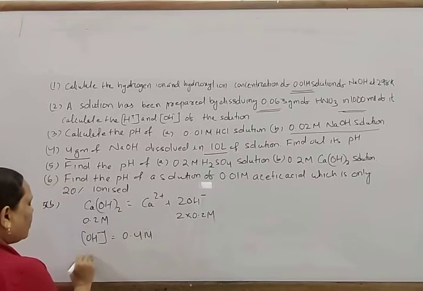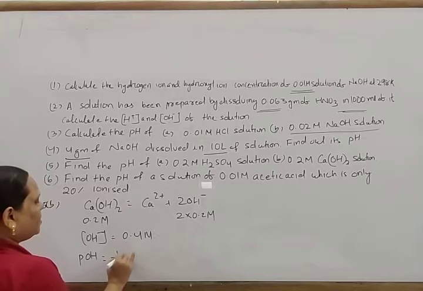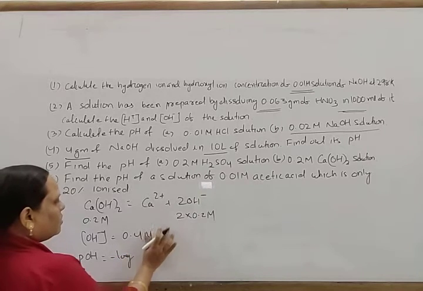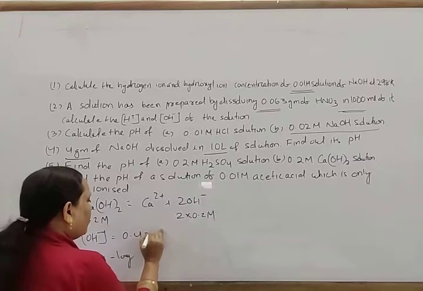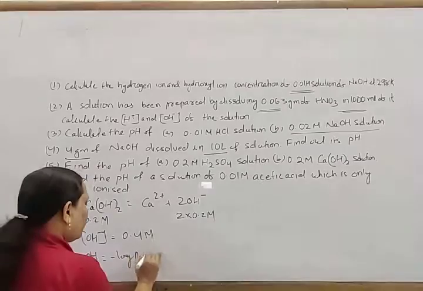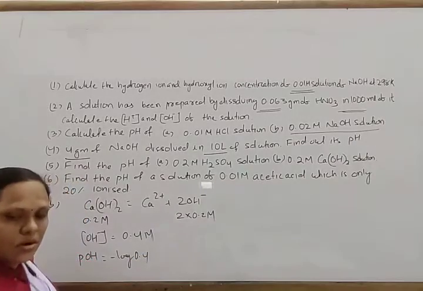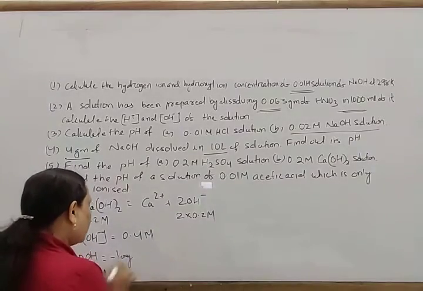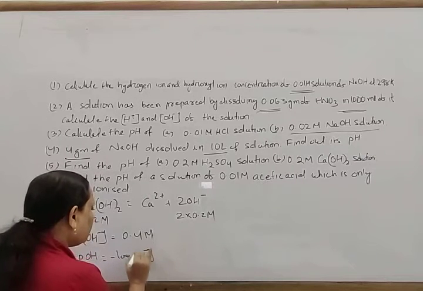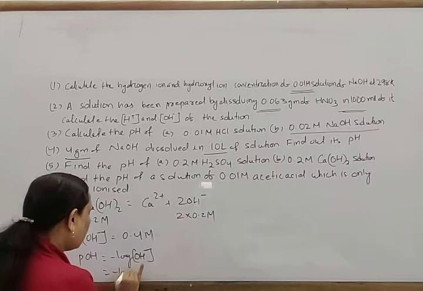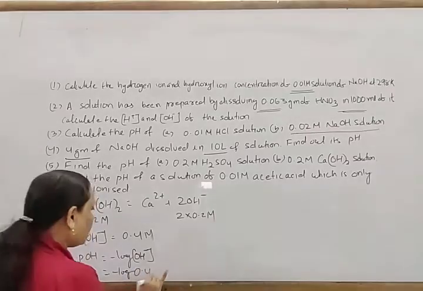Now you can find out pOH, which is minus log of OH minus concentration, that is minus log 0.4.